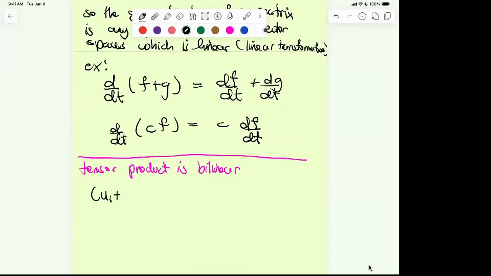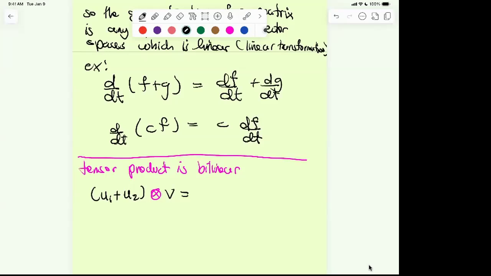If you take (U1 + U2) tensored with V, I'll drop the arrows because it's becoming a bit too much. If you do the tensor product between a sum and a vector V, that is the same as doing the individual tensor products.